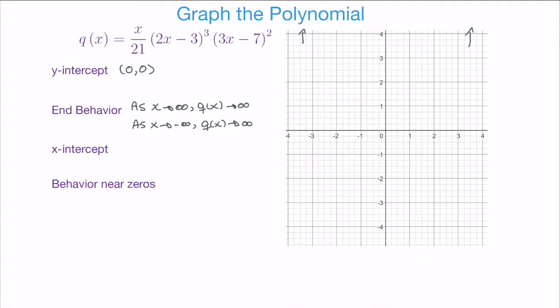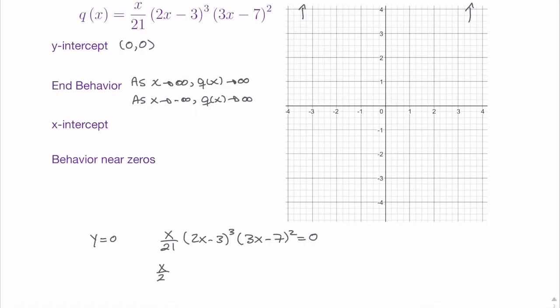To find the x-intercepts, we set y equal to 0. So we have x over 21 times (2x minus 3) cubed times (3x minus 7) squared equals 0. That is 0 if x over 21 equals 0, or 2x minus 3 equals 0, or 3x minus 7 equals 0.